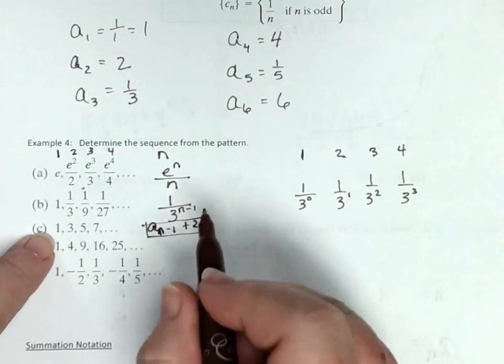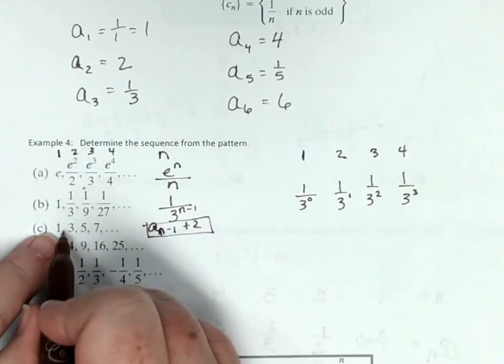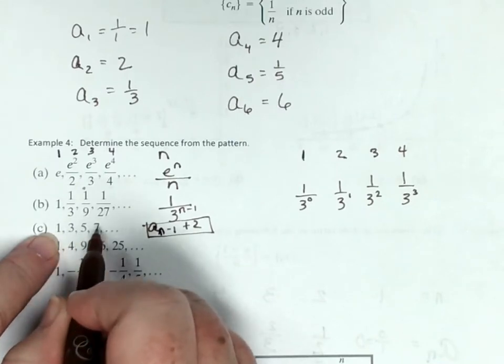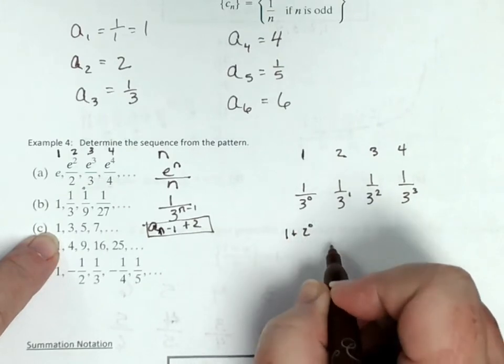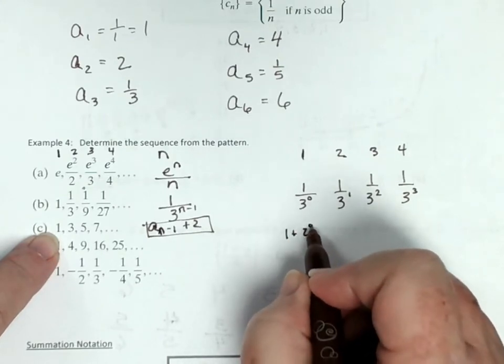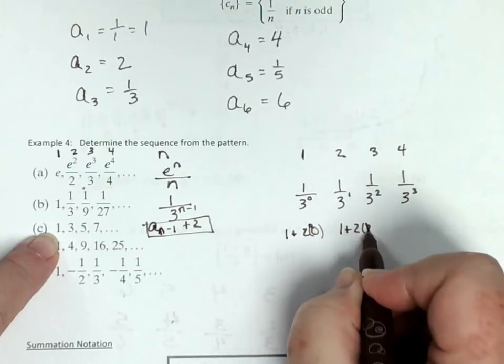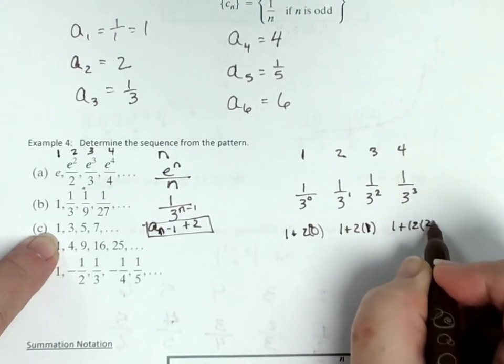Instead, we could say, well, we know we're adding 2. So how many 2's did we add? I added a single 2. I added 2 2's, 3 2's, right? So that's 1 plus no 2's. That's 1 plus 1 2, 1 plus 2 2's, right?